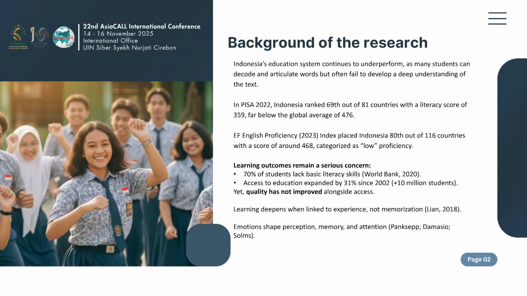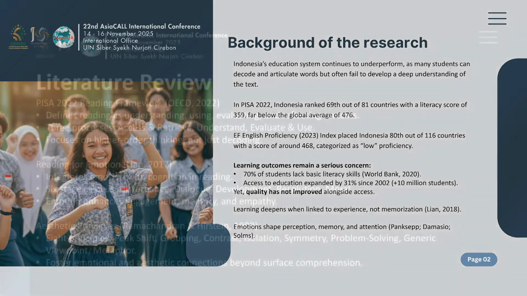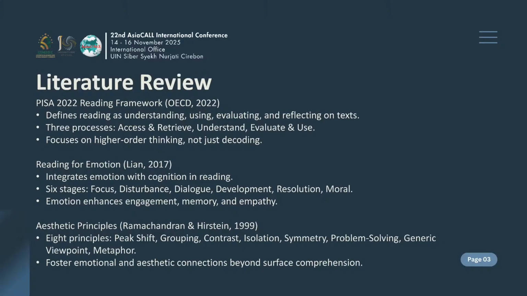Now, let me explain about the research gap. So, previous studies in Indonesia mostly focused on student cognitive skills or general reading strategies. However, very few explore how emotion and aesthetics contribute to reading comprehension.